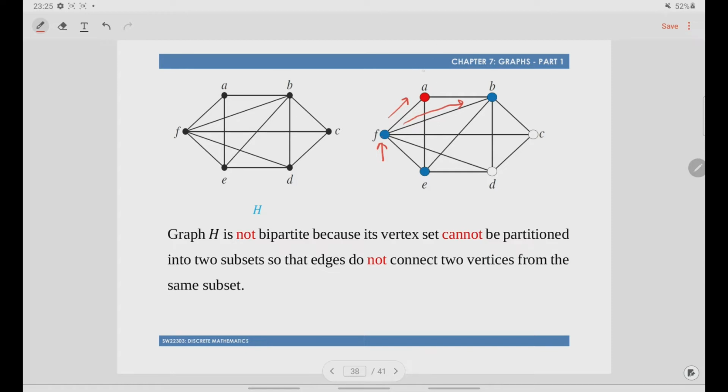A, let's say, comes from the set V1, B connects to the vertex V2. So this vertex F is connected to two different colors. So there's no need to continue to other vertices. We can conclude that H is not bipartite. Okay, because its vertex set cannot be partitioned into two subsets so that H does not connect two vertices from the same subset. It differs from the previous example.